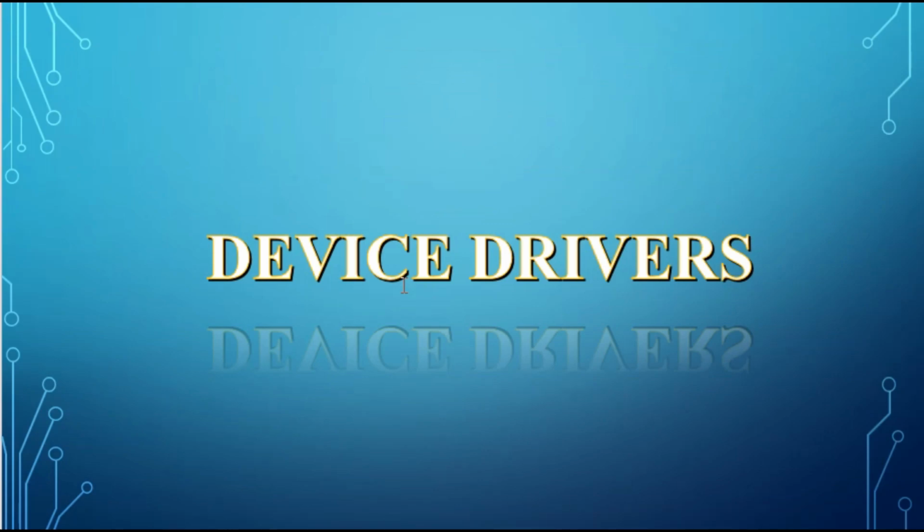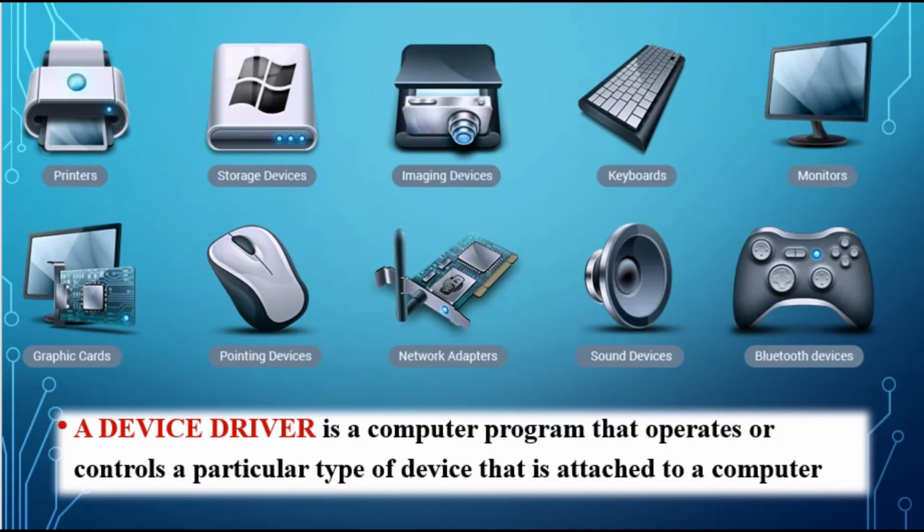Device drivers. When a hardware is provided from the creator or an owner, it is accompanied by a software. This software tells the computer's operating system exactly how to work with that given hardware.